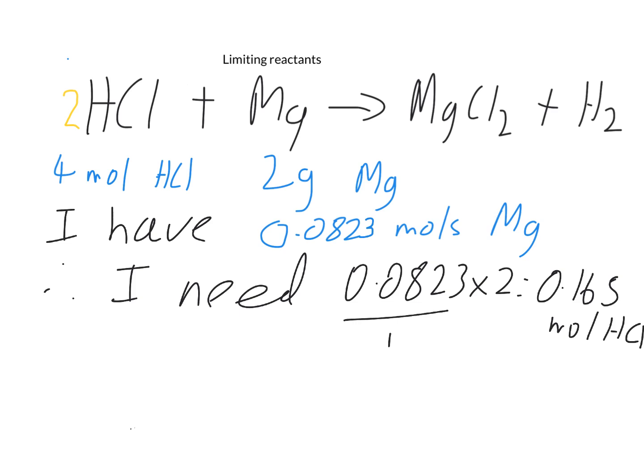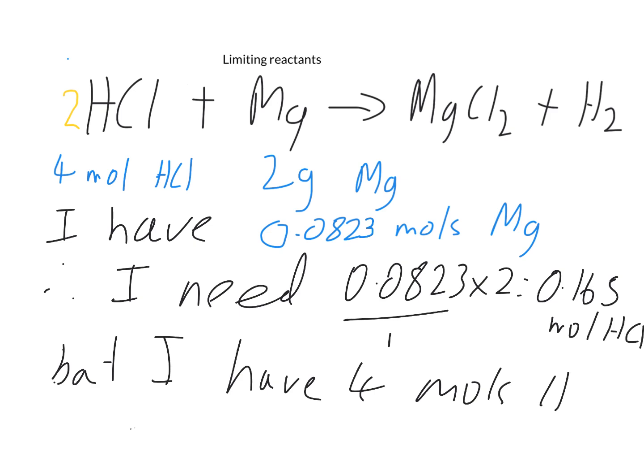So I need 0.165 moles of HCl, sorry, but I have 4 moles of HCl. Therefore, I can say HCl is in excess and magnesium is limiting.